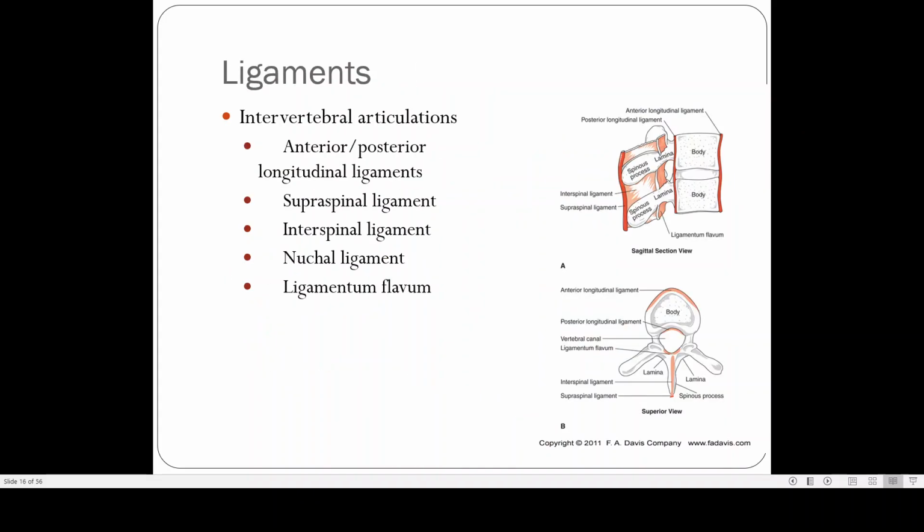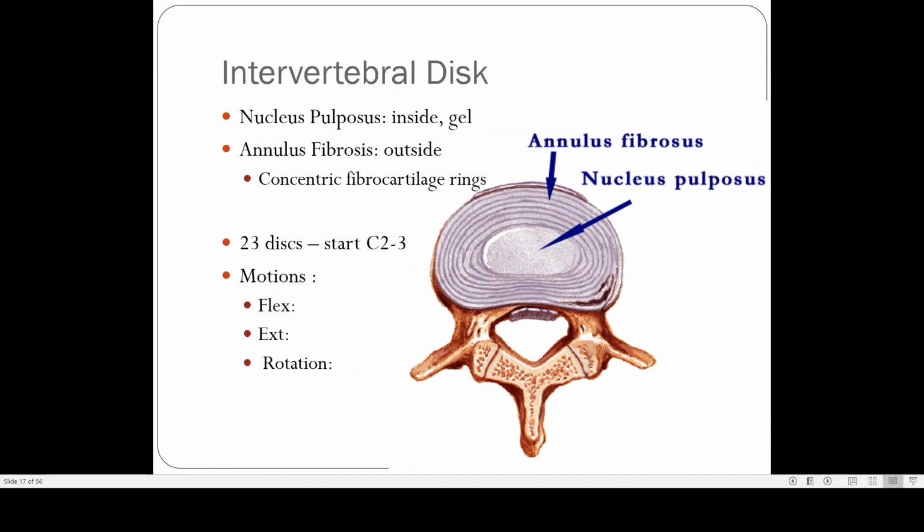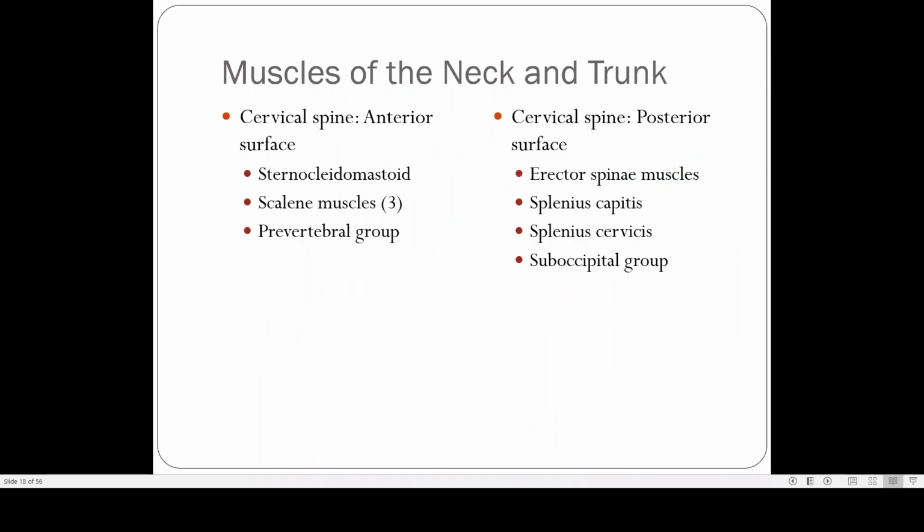If we go back and think about this, we have no ligaments supporting and no strong muscles in the area where we commonly see disc herniations, especially in the lumbar spine. And so that's why we see them posterior lateral.